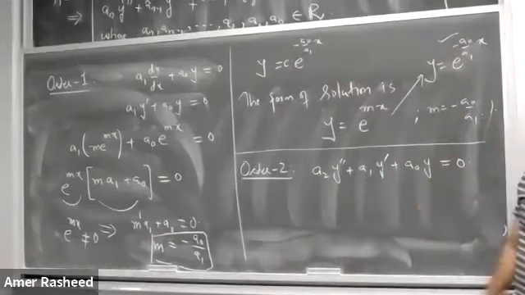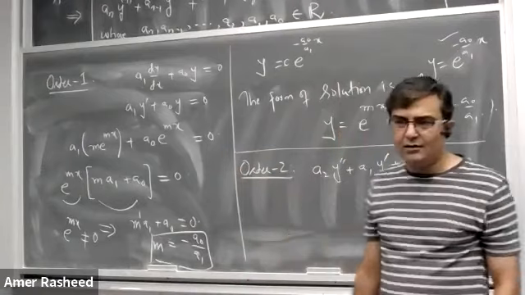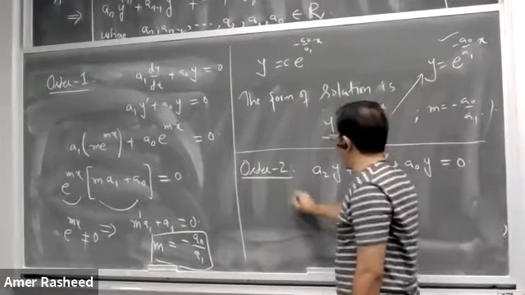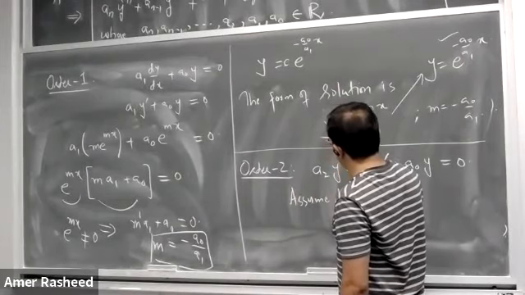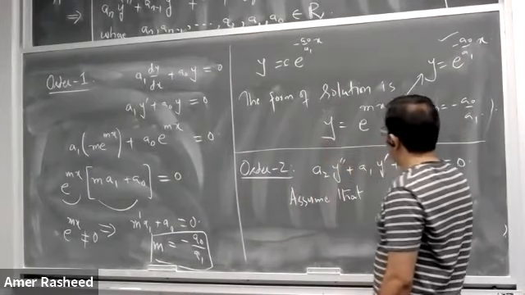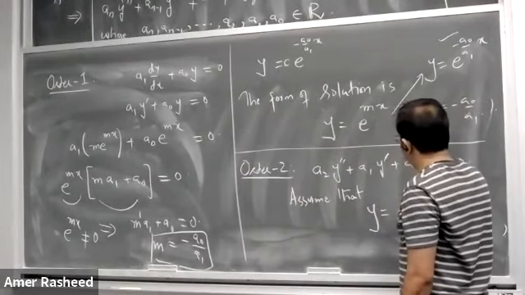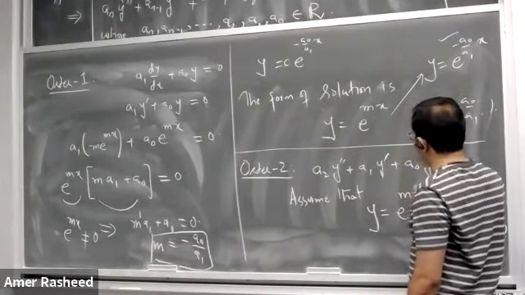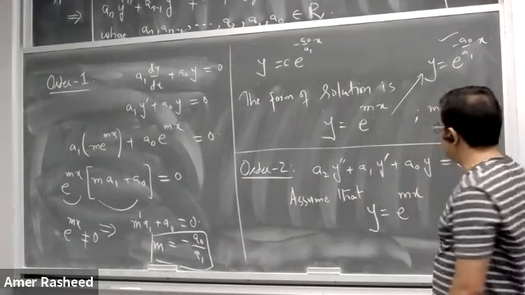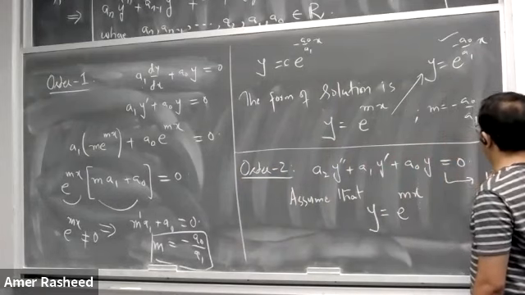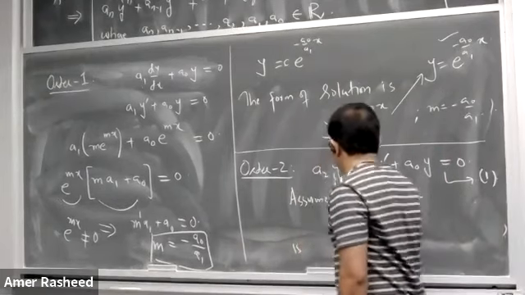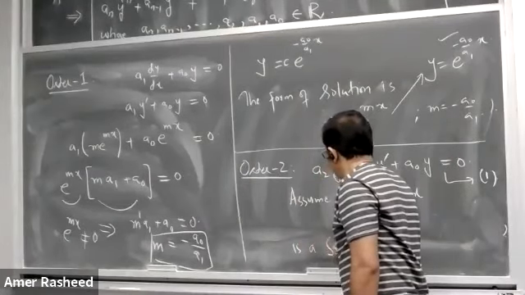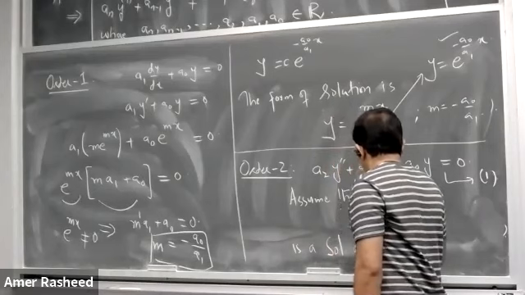Now we are going to generalize this concept for second order differential equations as well. We assume that y equal to e raised power mx is a solution of this differential equation, which we may call 1.